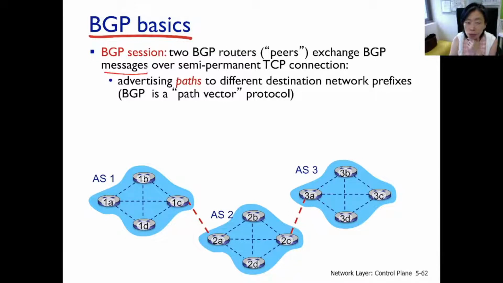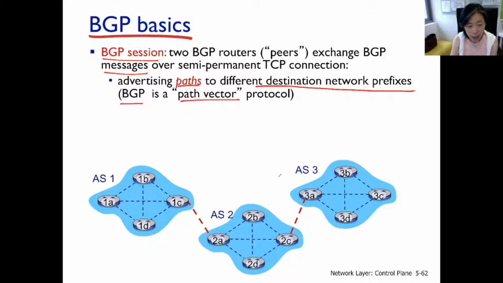Now, the messages we're exchanging between the BGP routers over the BGP sessions are these: the paths to all sorts of destination networks, the paths to all sorts of destination ASs. Altogether, we just call it the path vector. So BGP, again, is a path vector protocol.